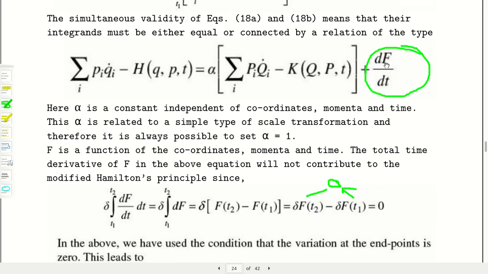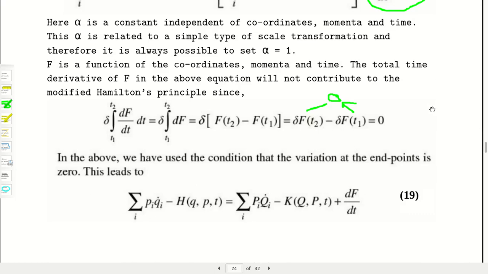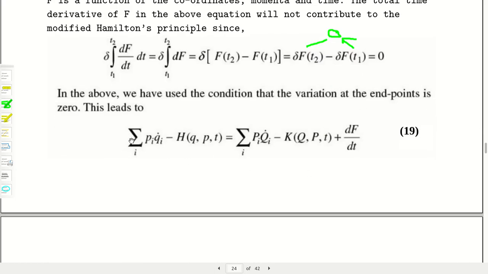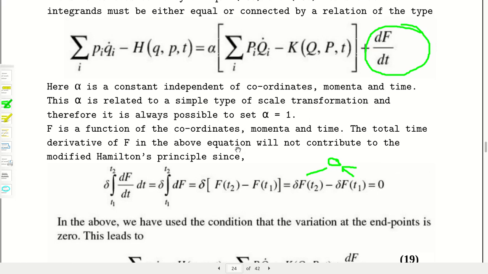This F is called the generating function, which is in your syllabus. Why generating function? We will come to that point, but at this point of time you just suppose this is a function. The equation is written here once again, and here alpha, the constant, the parameter, doesn't give you any extra physical significance.